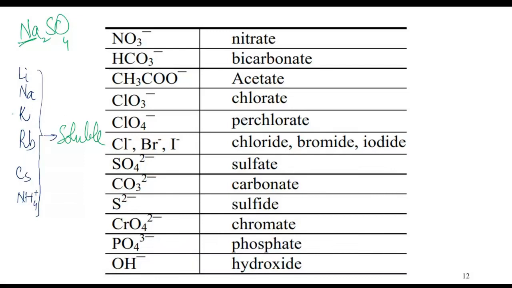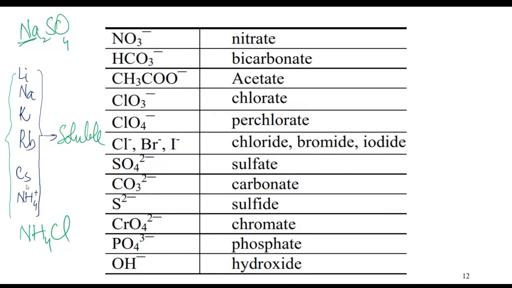When you see first group, then it is soluble. Simple. This is rule number 1. And when you see ammonium, it is also soluble. Suppose I ask you NH4Cl, soluble or insoluble? It is also soluble. Okay. So what is rule number 1? When you see these ions, lithium, sodium, potassium, rubidium, cesium, and ammonium in any ionic compound, that compound will be soluble in water.